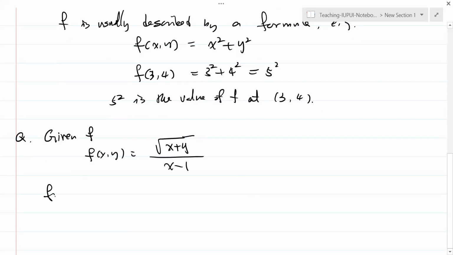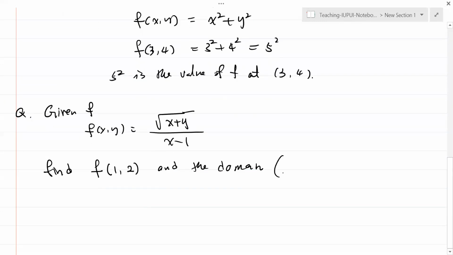Find or evaluate the function, the value of the function at (1, 2), and then the domain. Now, what's the definition of the domain of the function? If the domain is not given, that means it is the set on which the function is defined.